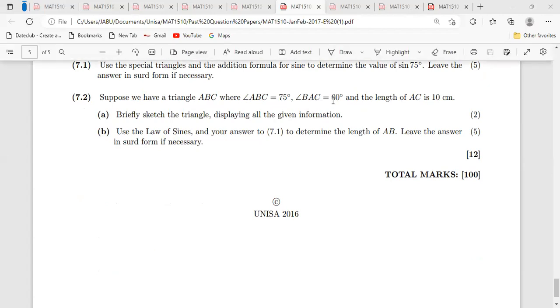Angle BAC is 60 degrees and the length of AC is 10 centimeters. A. Briefly sketch the triangle displaying all the given information. So the triangle is ABC. Let's draw that.